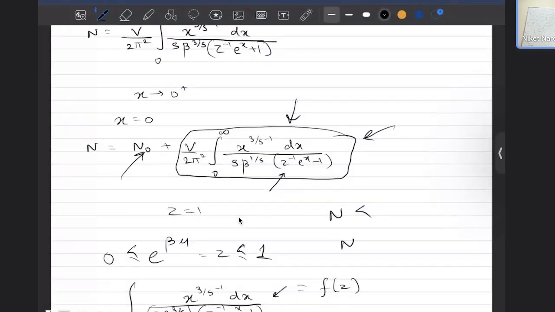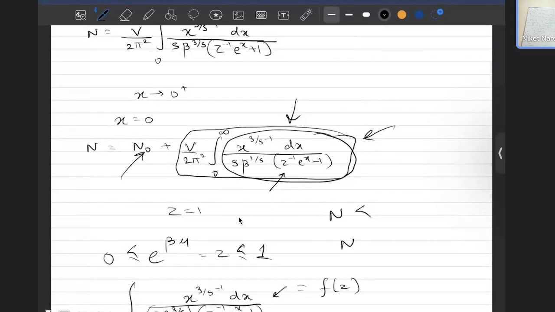So all we have to do to check whether Bose-Einstein condensation can happen or not is to check whether this integral yields a convergent value when z equal to 1. Once we check that this converges, then we are sorted. Then we can be assured that Bose-Einstein condensation happens.